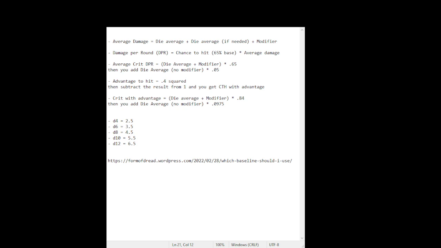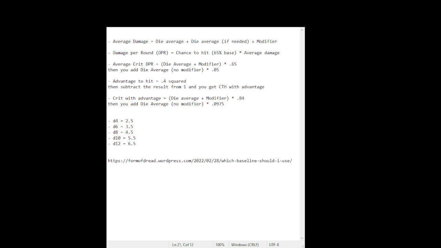So, if we think of it this way, the typical standard is that everybody has a 5% chance to crit. As in, you have a 5% chance every time you roll the d20 to roll a natural 20 and crit. So if we take that same logic, that means every number on a d20 is equal to 5%, or 0.05.